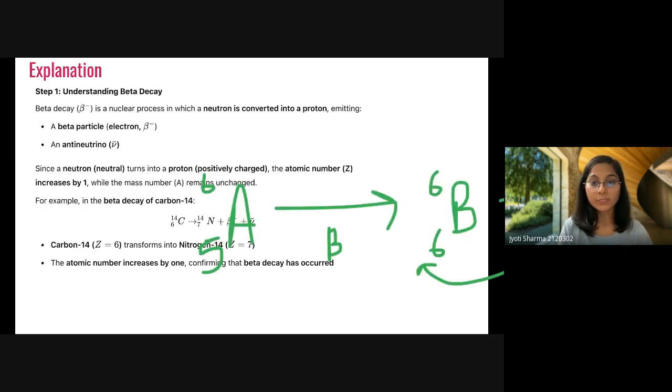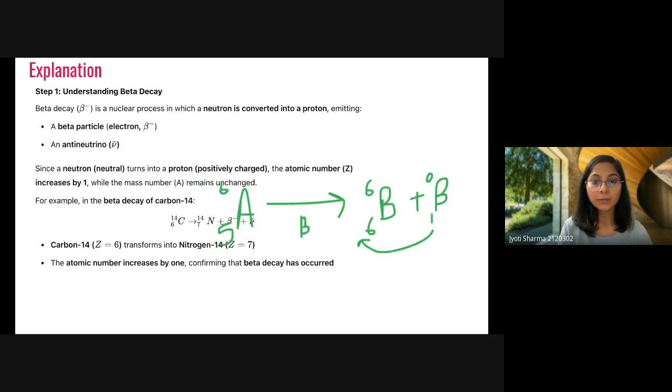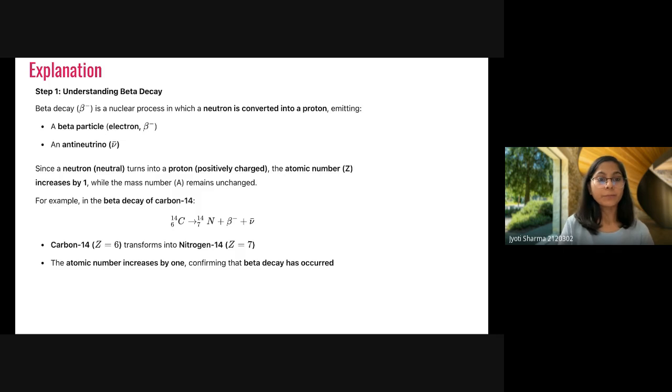Let me show you the answer for this. Beta is beta minus. If we have, let's say, carbon 14, the atomic number is 6 and atomic mass is 14. That will give you nitrogen with atomic number 7 and atomic mass 14.